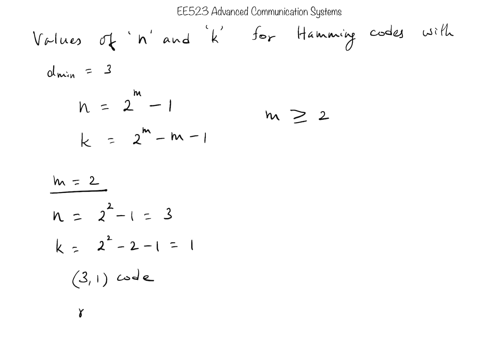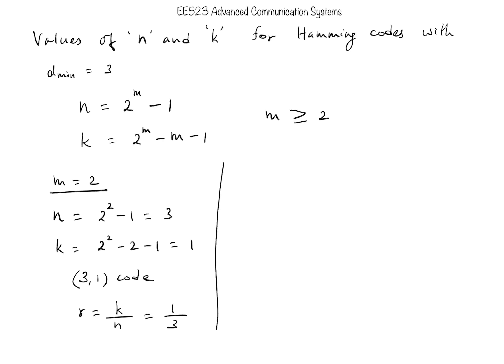What is the code rate for this? The code rate is k by n, which is 1 by 3. That means in a code block of 3 bits, 1 bit is the information bit and the remaining 2 bits are the parity bits or the protection bits. So the coding efficiency is 1 by 3 into 100, which is about 33.3%.